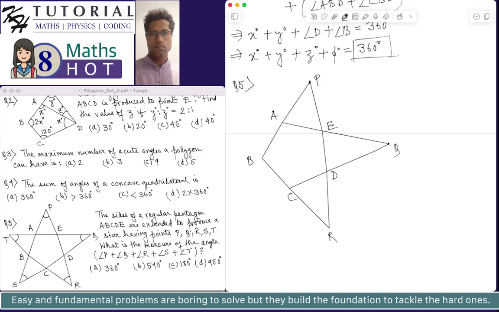Also, we need to extend the side AB and extend the side CD to meet at the point S of the star.